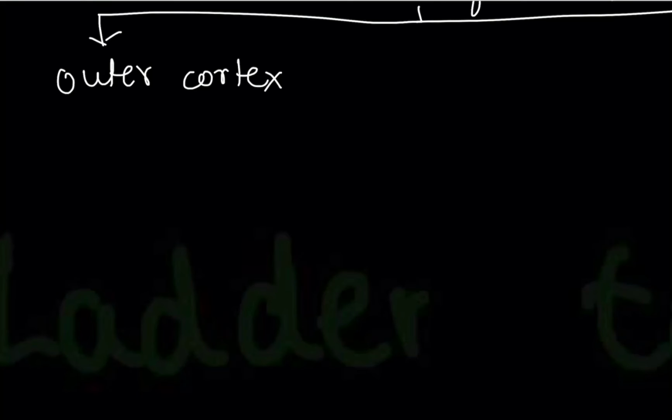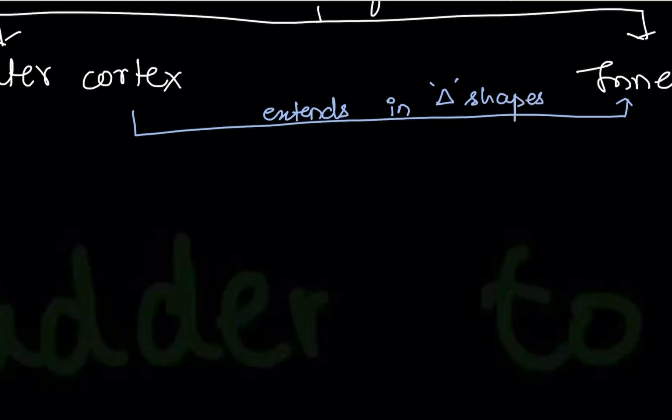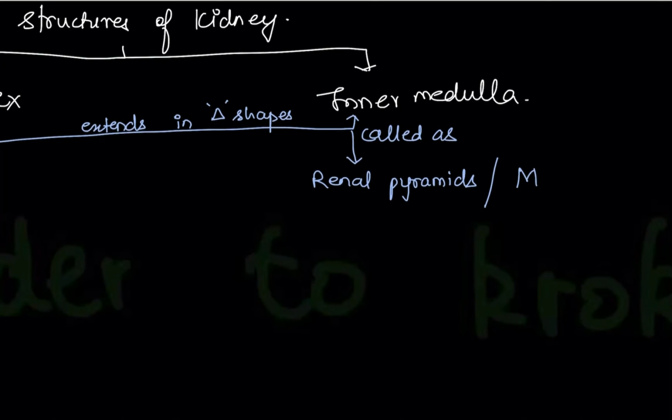Write down this outer cortex. It extends in triangular shapes, called renal pyramids, or since they are present in the medulla, they are called medullary pyramids.